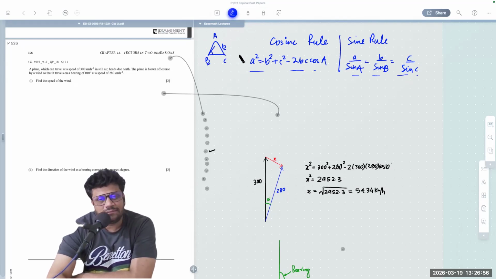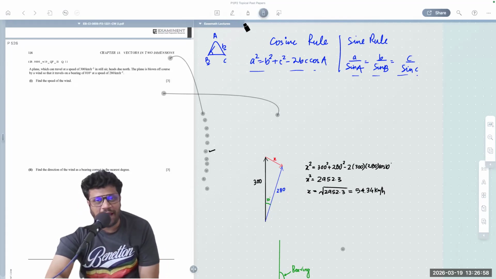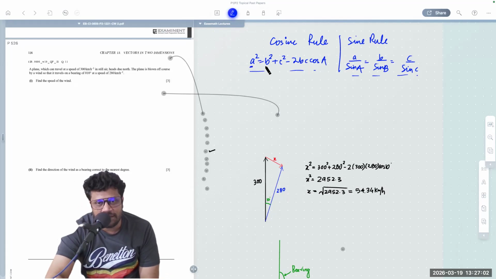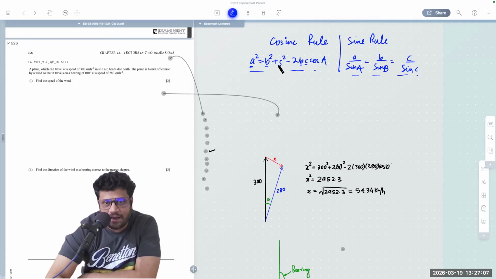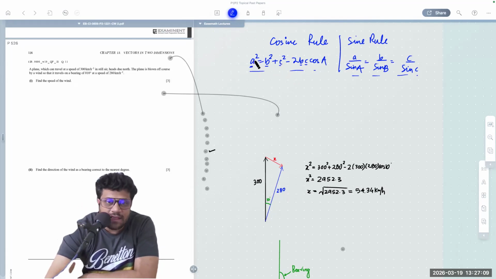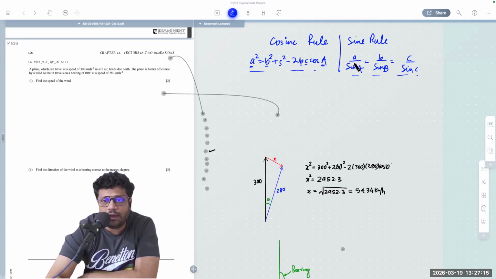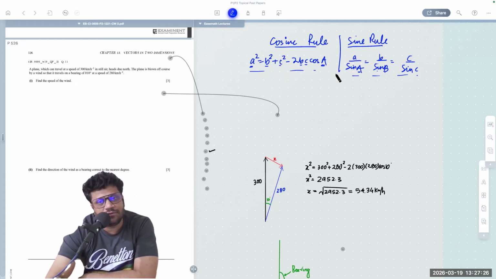It's kind of confusing if you look at it with a triangle there, but you should know if you're looking for one side, it's going to be the other two sides, B and C, if you're looking for A. And the angle opposite to that side, A, should be out here. Same here: A divided by the sine of the angle opposite to it, B, the side divided by the sine of the angle opposite to it. That's how sine rule and cosine rule are supposed to be used.